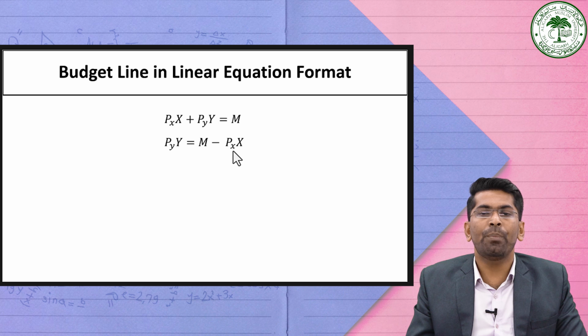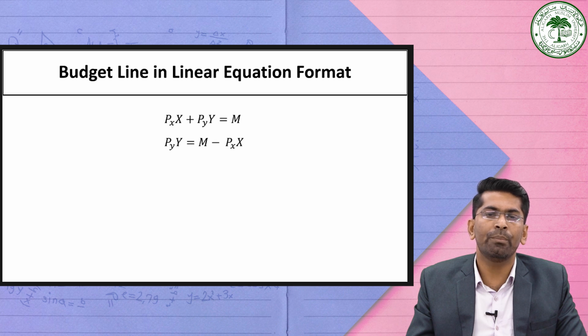Then we keep the y value on the left hand side and divide both sides of the equation by Py. Since Py is in multiplication form, we divide both sides of the equation by Py. Then we will get y is equal to m minus price of x into x, into 1 upon Py.